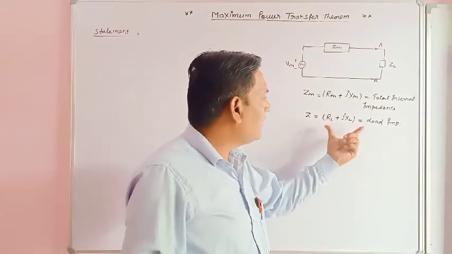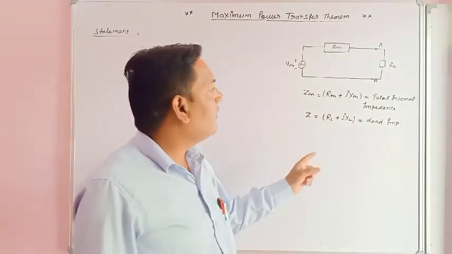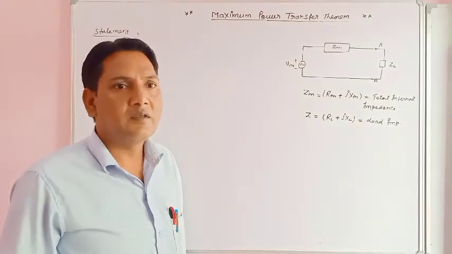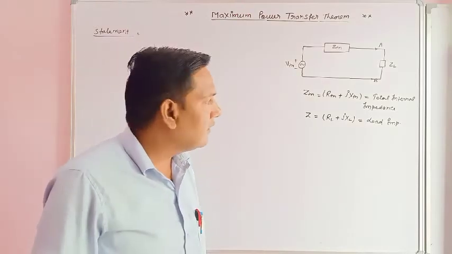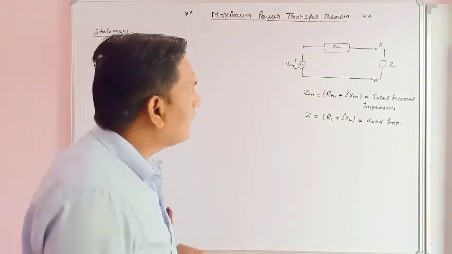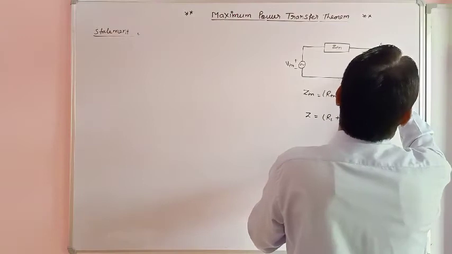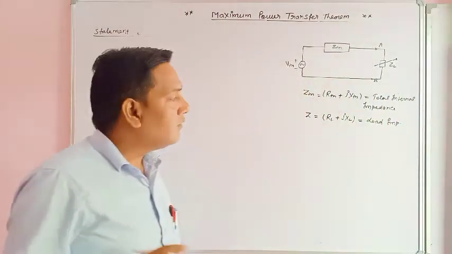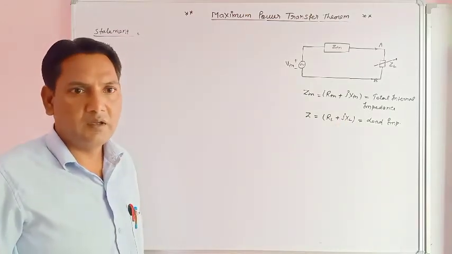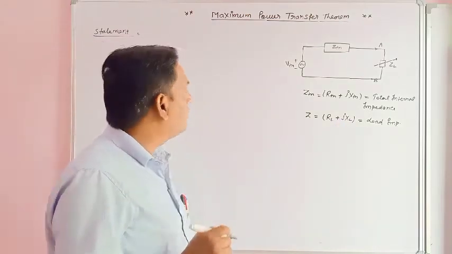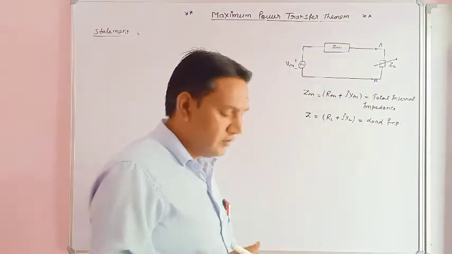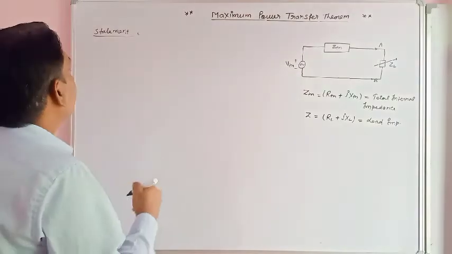Similarly, we can vary only RL and keep the reactance constant, so the condition will be different, but we are taking here the general condition, in which we vary the load resistance as well as the load reactance in the same proportion.